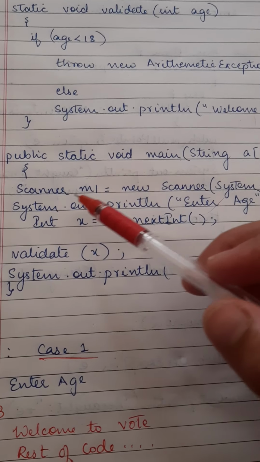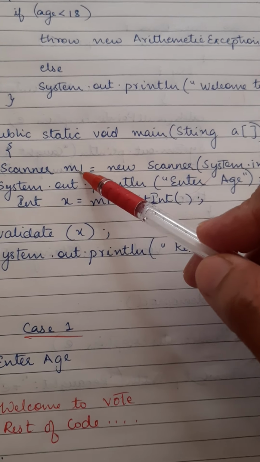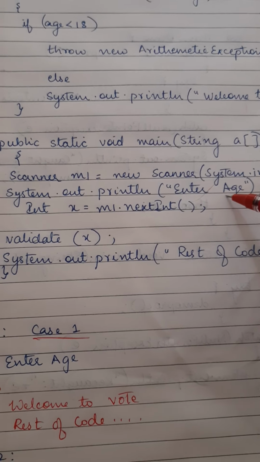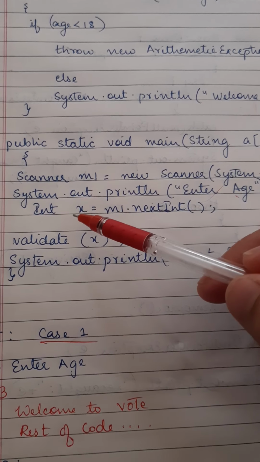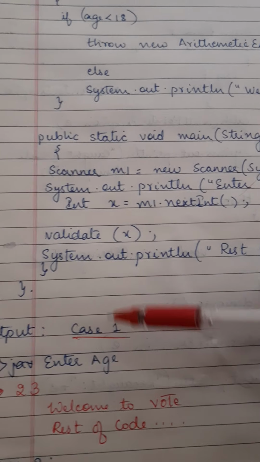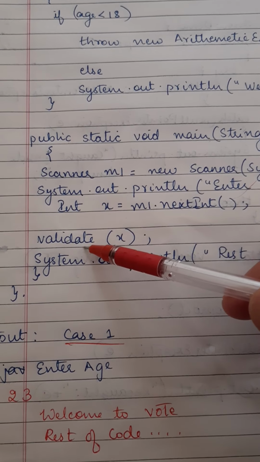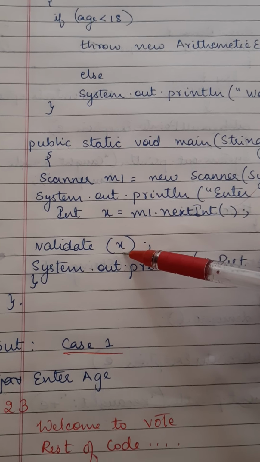So here first, using the Scanner class, I've created an object because I'm going to read the input. Then I'm asking the user to enter the age. That age I have read as x. Now imagine the first case, where I have entered the age as 23. In the validate function, I am passing the value of 23.